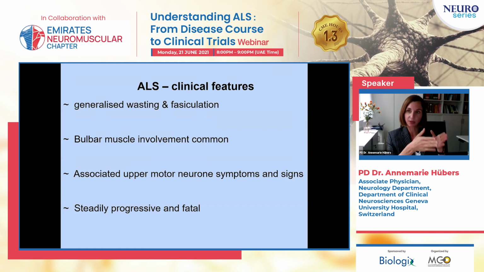And these peripheral paresis may be associated with upper motor neuron signs and symptoms. And as you all know, unfortunately, this is an aggressive, steadily progressive condition which is fatal at the end.